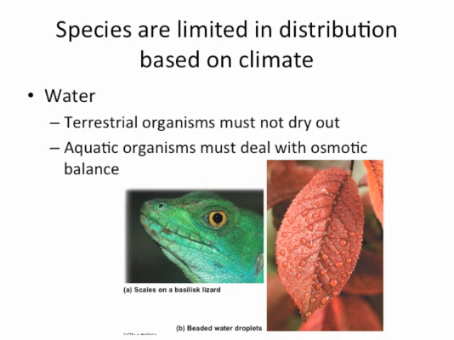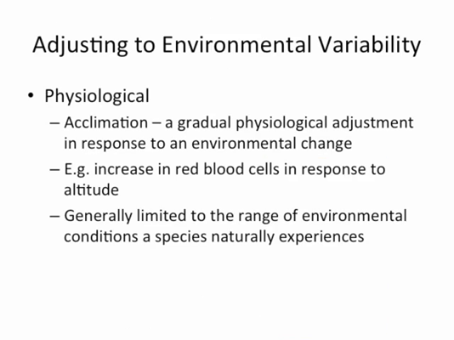So when organisms go from one environment to another, they need to be able to adjust. And kind of gradual adjustment to environmental change is called acclimation. It's gradual physiological adjustments in response to environmental change.